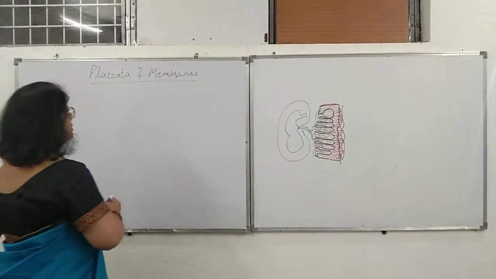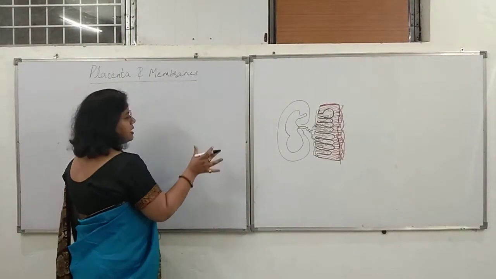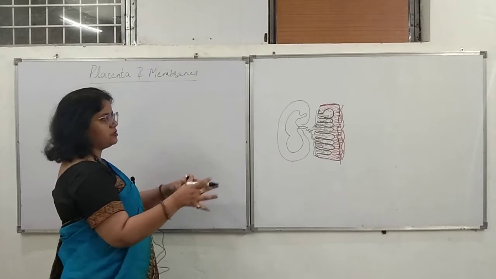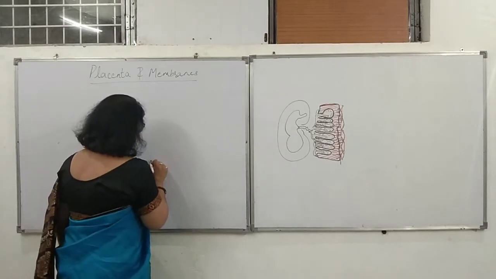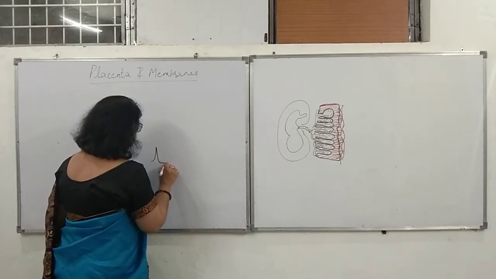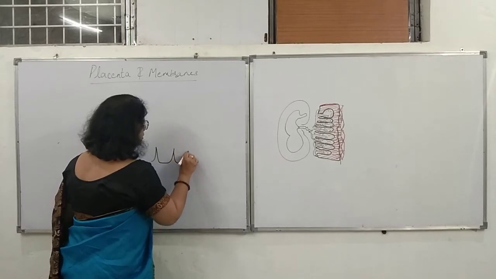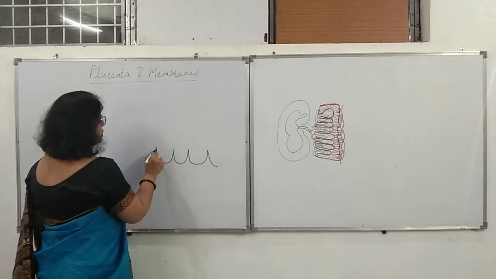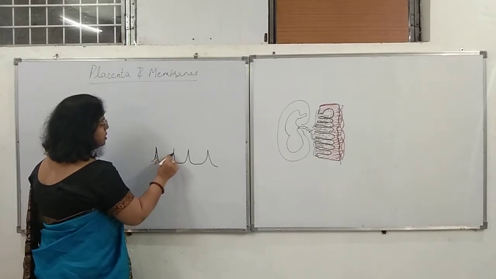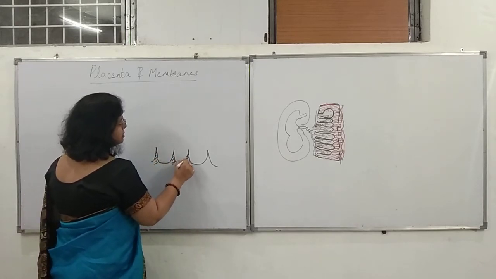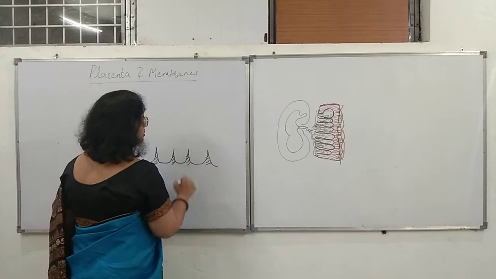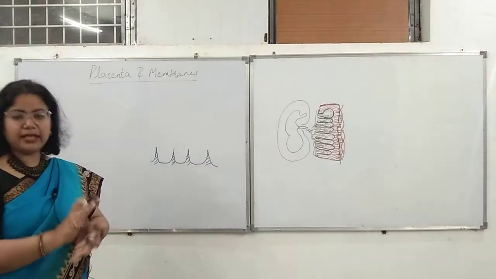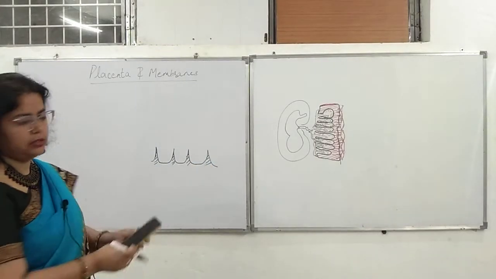Now coming to how it is attached. There are some projections of the decidual tissue between these cotyledons. These projections help in the anchoring of placenta on the uterine wall.